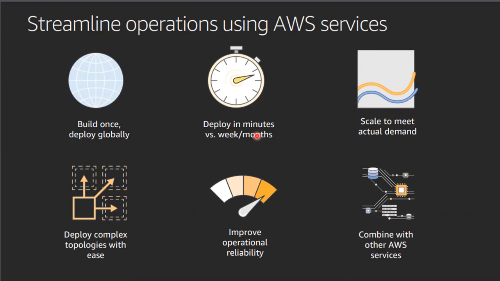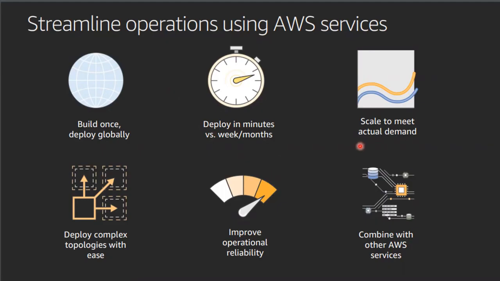You can deploy complex topologies with ease. If you have a complex SAP architecture that requires a lot of interfaces and connectivity, not a challenge. You can deploy complex topologies in minutes.